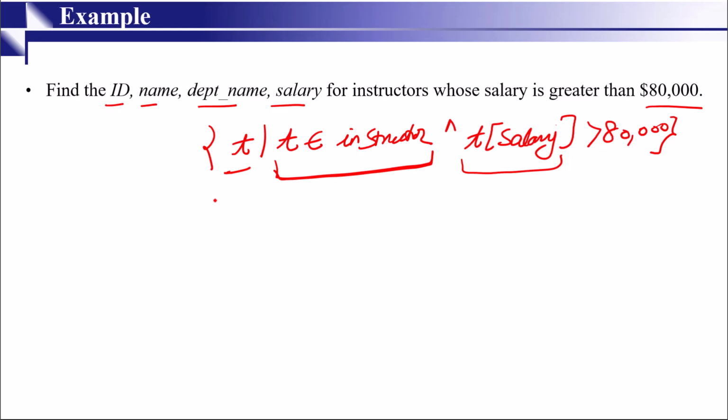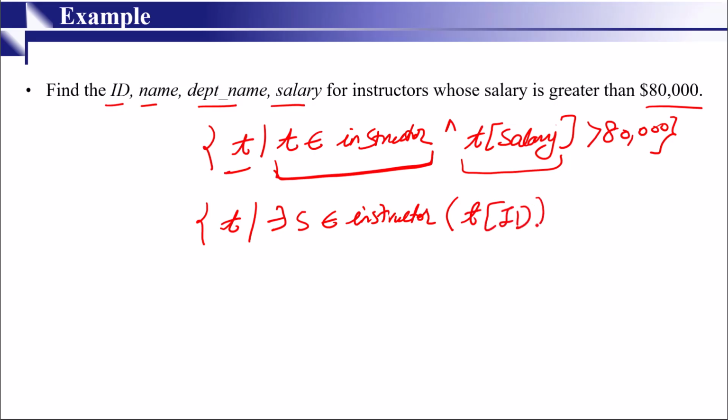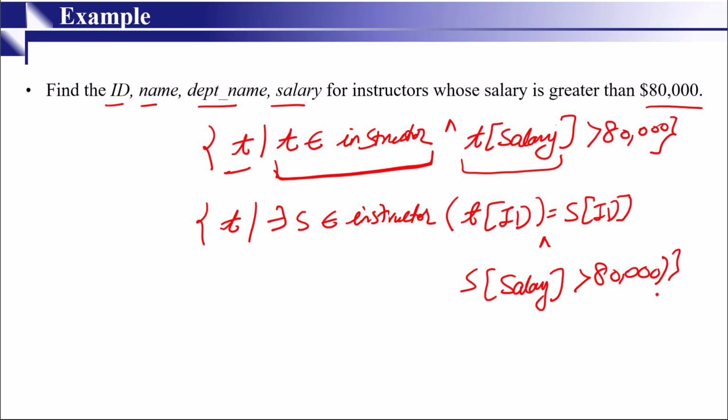Or we can write it this way: T, there exists S in instructor, T.ID is equal to S.ID, and S.salary is greater than 80,000, right?